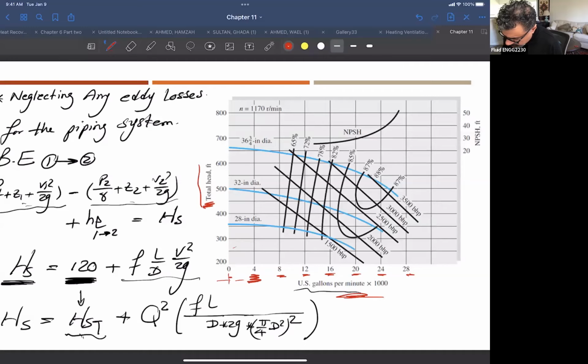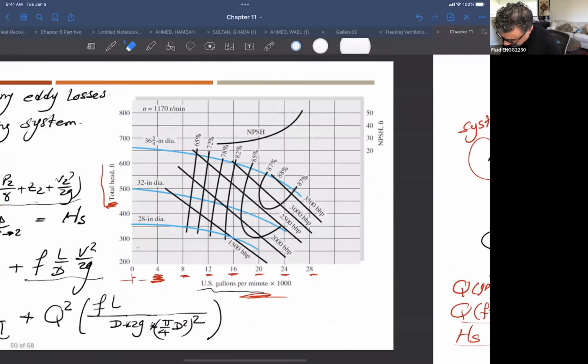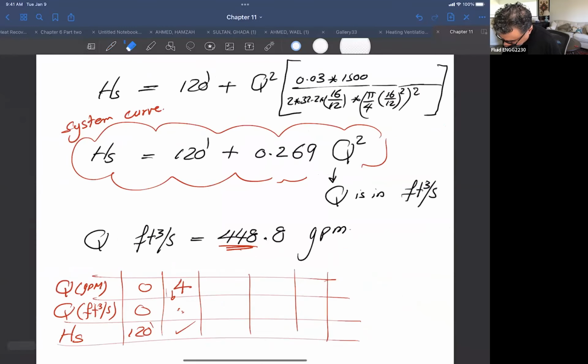At 4, this is 4 gallons per minute, just convert it into feet cubed per second here, multiply by this, and then get H static, right? I didn't actually calculate all this. At 8, you convert it to feet cubed per second first, and then you put it in this equation so you can get H static total.